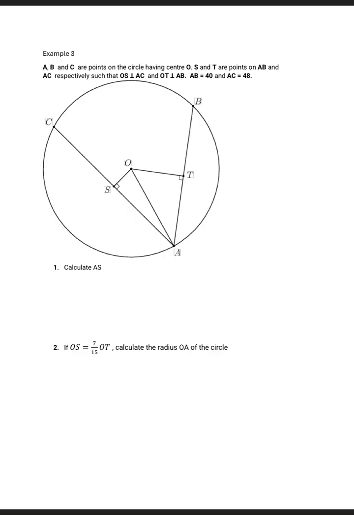We can just say CS is equal to AS. Reason: perpendicular from center bisects chord. So if a line is perpendicular to a chord at some point on the chord, then it divides the chord into two equal parts at that point where it is perpendicular to the chord.